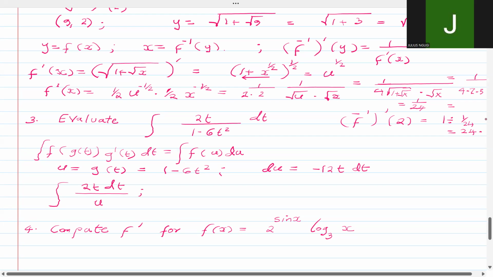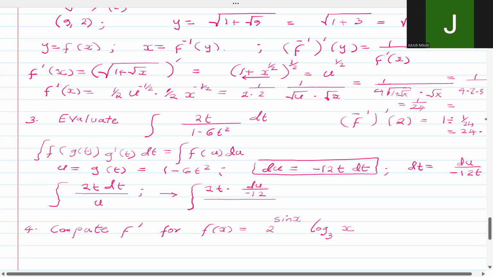Then the next step is to use the second part, and we can isolate dt by dividing by minus 12t on both sides to get du over minus 12t. So this next step becomes integral of 2t, but now my dt is du over minus 12t, then you divide all that by u.